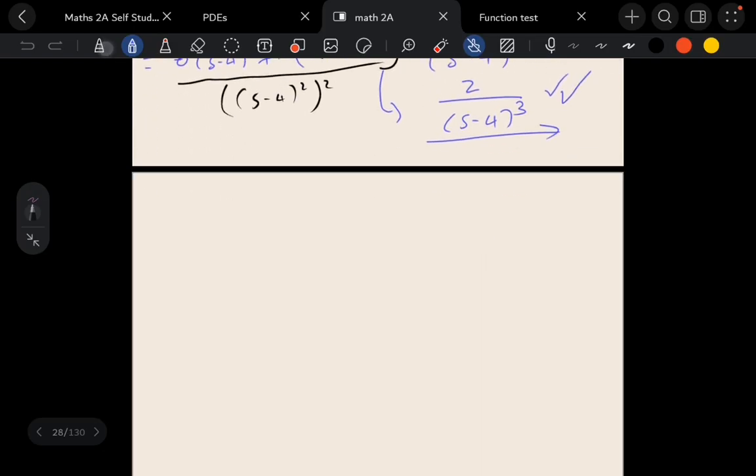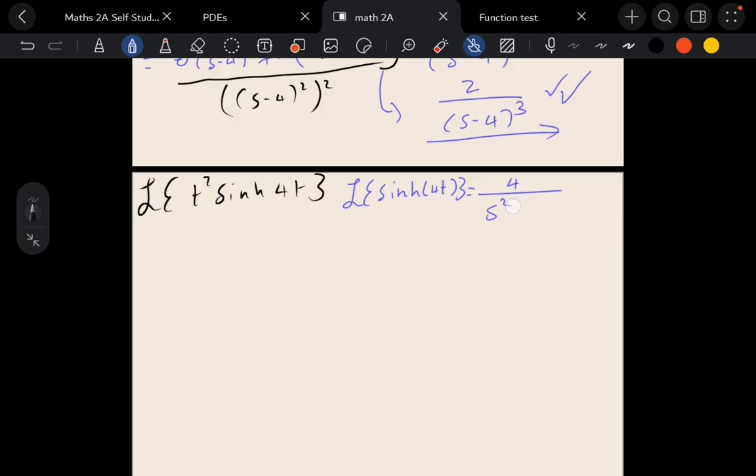I mean, what will be the Laplace transform of t squared sine 4t? The first thing that we need to do is find the Laplace transform of sine 4t. The Laplace transform of sine 4t is 4 divided by s squared plus 16. That is the Laplace transform of sine. What is the next thing that we need to do?